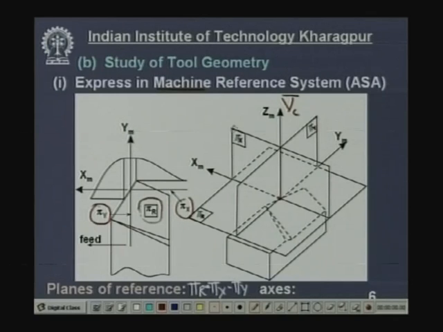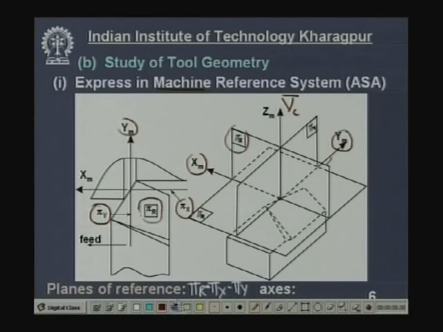This is the machine longitudinal plane, and the machine transverse plane is this one. This reference plane contains the XM axis and YM axis. The machine longitudinal plane contains the ZM axis and XM axis, and the machine transverse plane contains the YM axis and ZM axis.